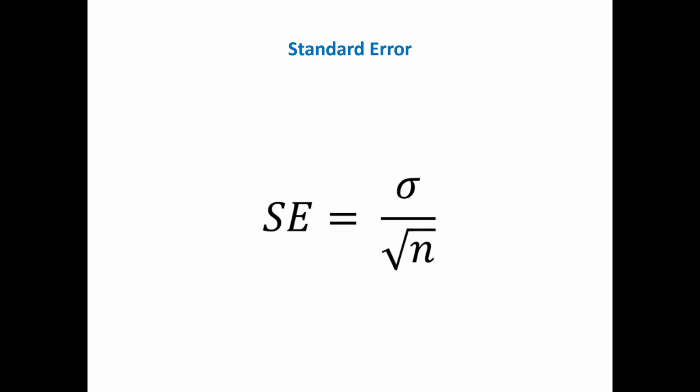Another reason may be that your estimate, what you have calculated as your statistic, is far from the parameter. Does it make sense now? We have already said that when you do your descriptive statistics and you are interested in the parameter, what you get is an estimate.